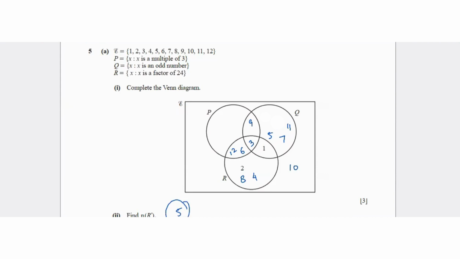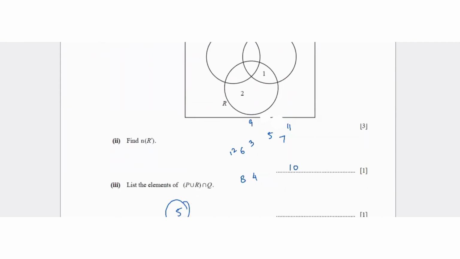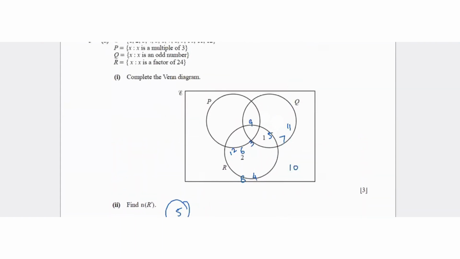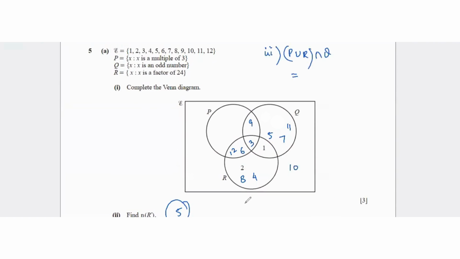Then in your next part, it says list the elements of P union R intersection Q. P union R is 2, 3, 4, 6, 8, 9, 12.